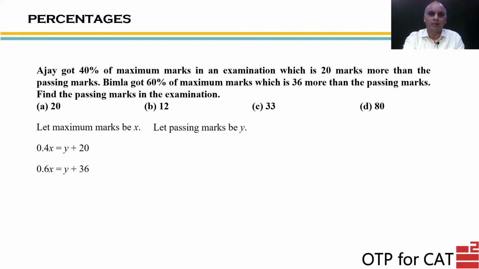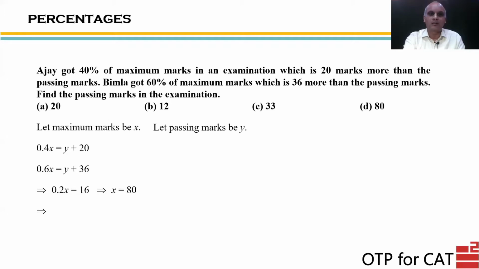And finally, if I solve these equations, I will get, after subtraction, 0.2x is equal to 16. And this gives me the x, which is maximum marks, as 80. Now, don't think 80 is the answer, because 80 is what? X. And what was x? The maximum marks. But my question is not to find maximum marks, it was to find out the passing marks.